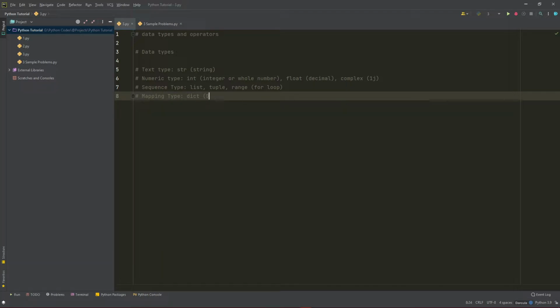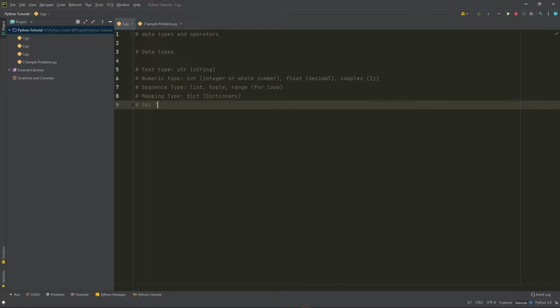We have the dictionary. We have the set types. We have the set and frozen set. So this set has no difference really of that in high school, where you learn set with Venn diagram, subset, superset, something like that. It has no difference with this. It's just the same.